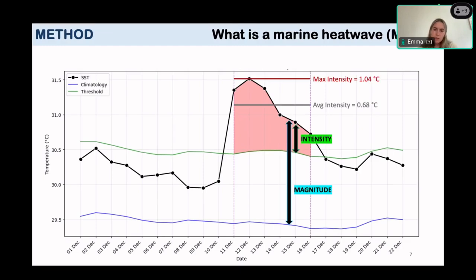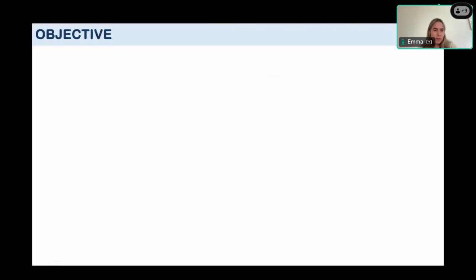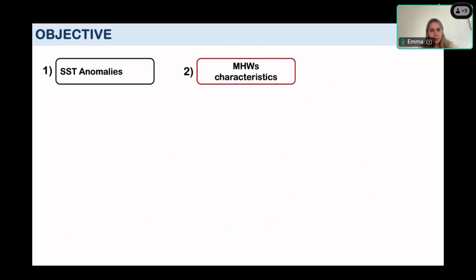So magnitude is the temperature of SST anomalies, so everything above the climatology, and the intensity relates to extremes, so above the extreme threshold. So the objective of the deliverable on my side was to assess how the models represent SST anomalies and marine heatwave characteristics.